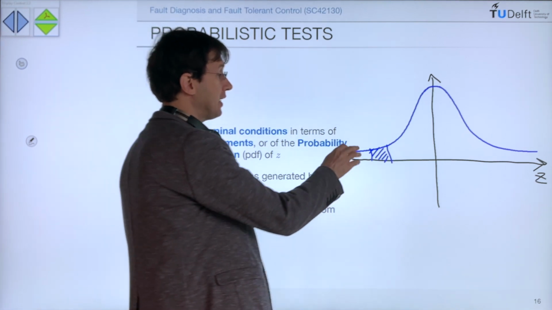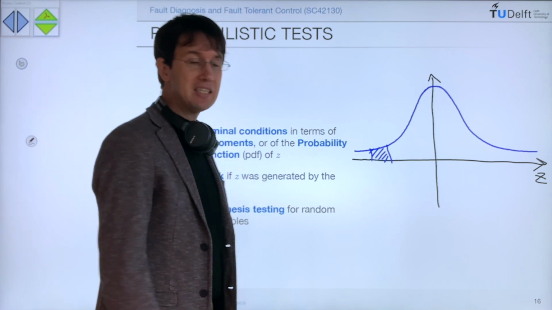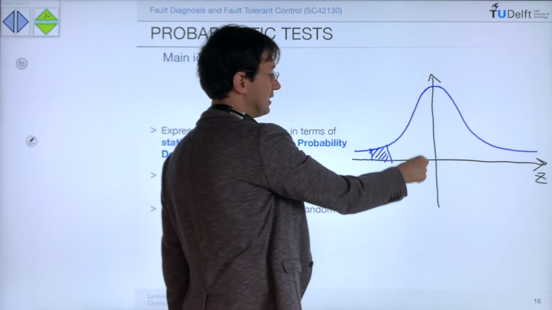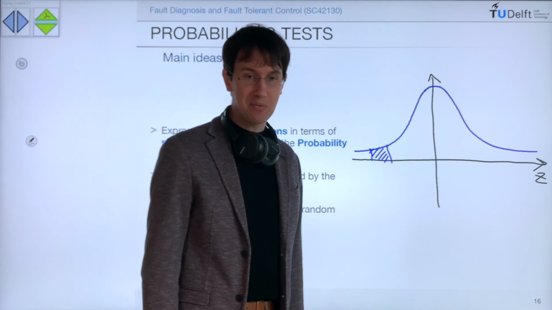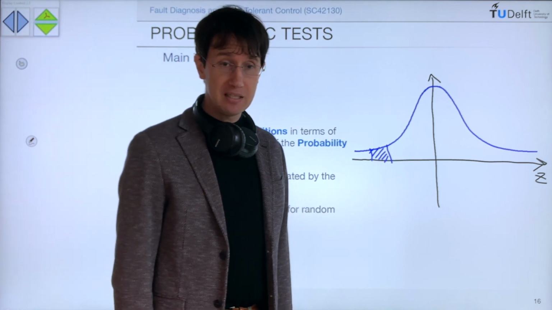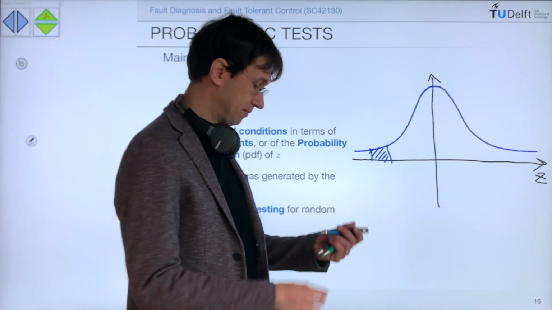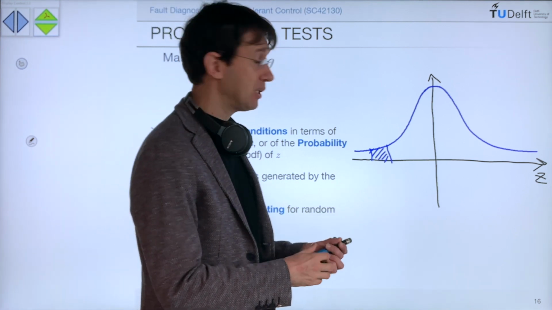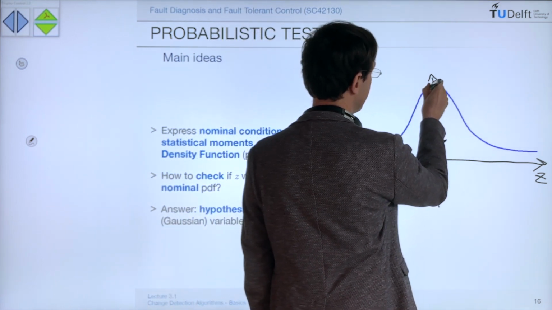Anyway, higher value of the PDF means higher integral over the same interval. So you easily see that when the PDF is bigger, then the probability of getting samples of z is higher.